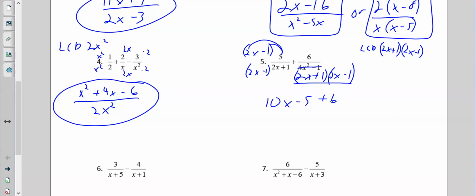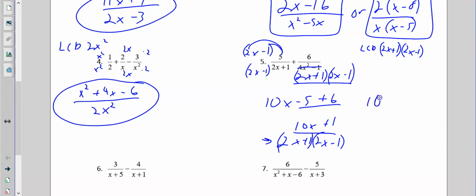Now, talk about the notes. Depending on how your brain works, you can just work on the top and simplify it instead of rewriting the bottom every time if you'd like to, and just go to 10x plus 1 over 2x plus 1, 2x minus 1, because it can be a lot of writing. But be careful, people do that but then forget to put the denominator back in at the end.